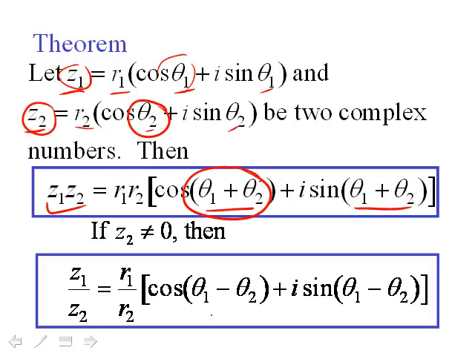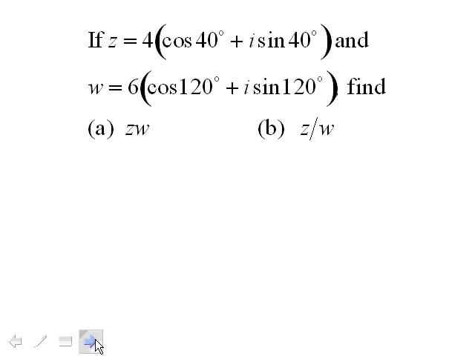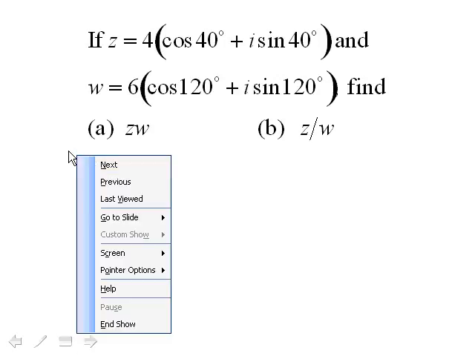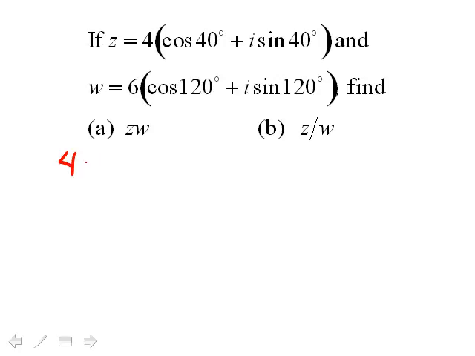So for example, if z is 4 times cosine 40 degrees plus i sine 40 degrees, and w is 6 cosine 120 plus i sine 120, we can calculate z times w by doing 4 times 6.